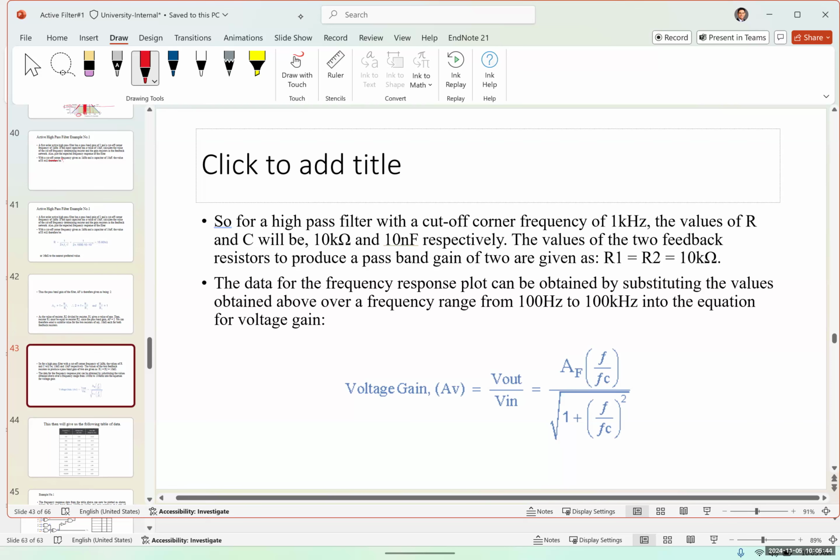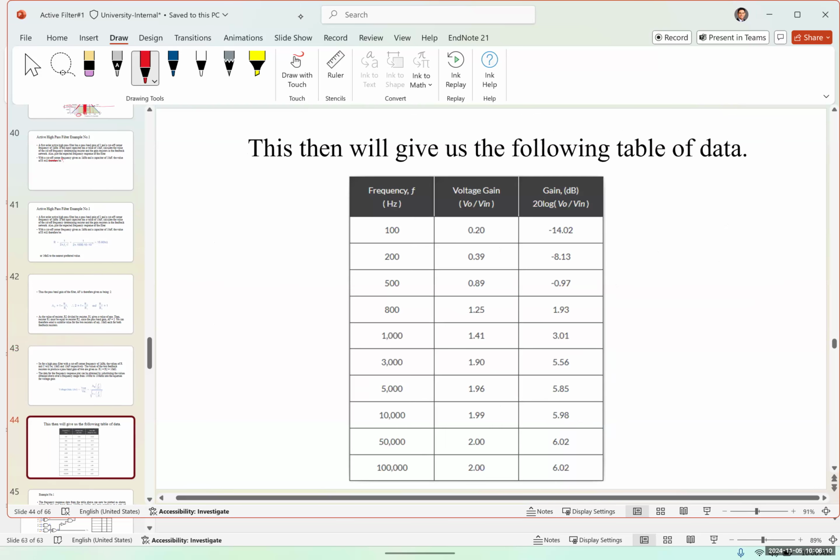And the voltage gain we already know is Vout over Vin, which is F over Fc divided by the square root of 1 plus F over Fc to the power of 2. The frequency ranges from 100 hertz to 100 kilohertz in the equation.